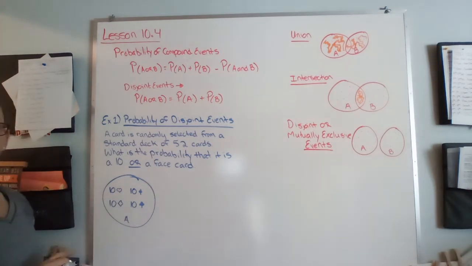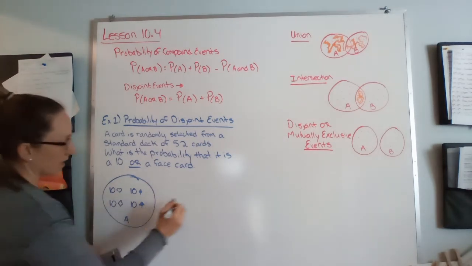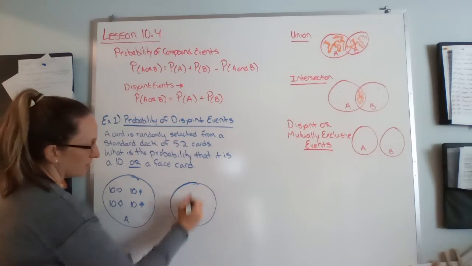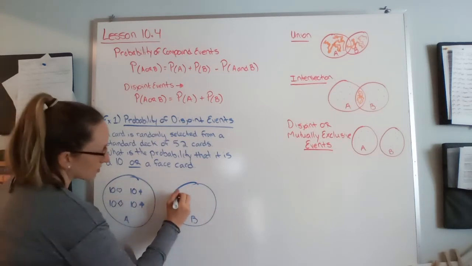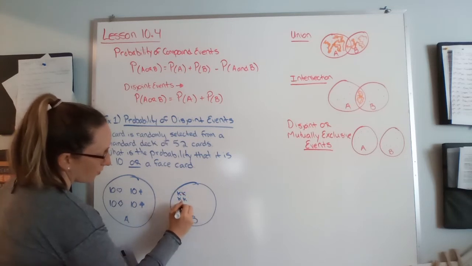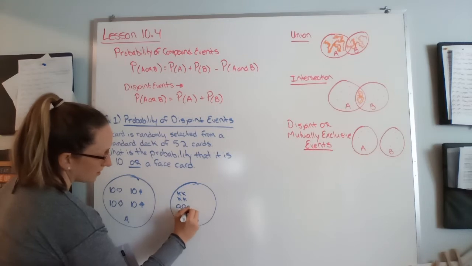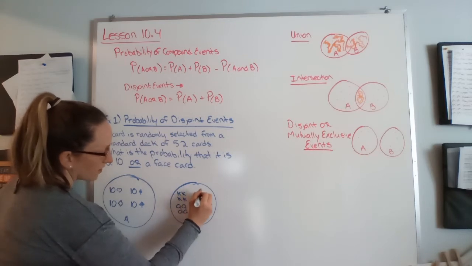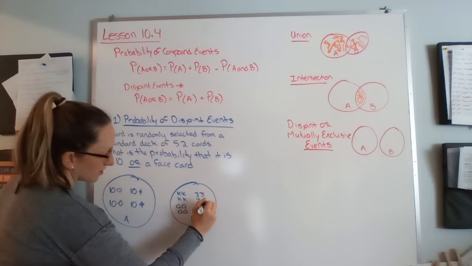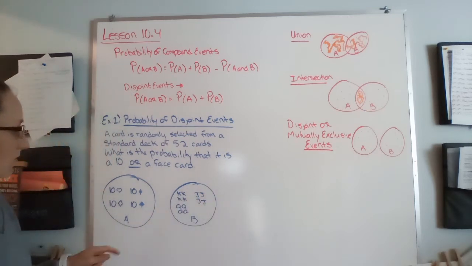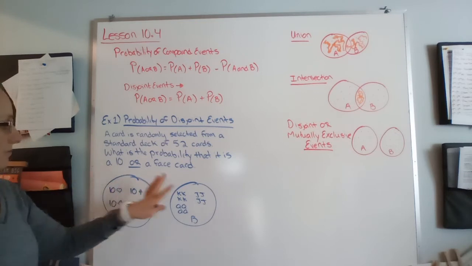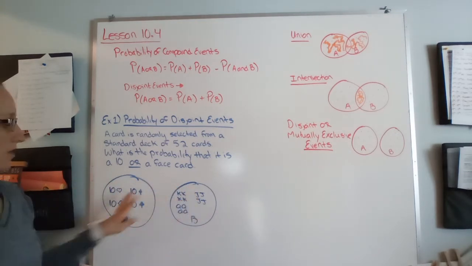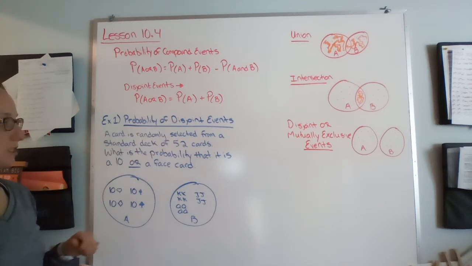So those are our four 10s. Now, that's event A. Event B would be selecting a face card. So for the face cards, we have 4 kings, 4 queens, and 4 jacks. Okay? So event A would be selecting a 10, and event B would be selecting a face card. There is nothing in common, which makes them disjoint events.